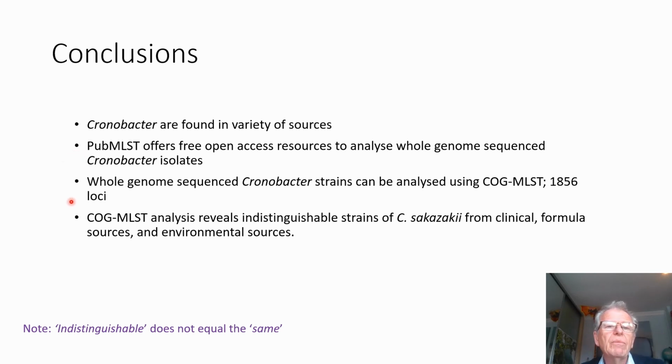And we looked at using COG-MLST, which is almost 2,000 loci, and what we're able to show quite easily using just free software are strains which are indistinguishable or nearly indistinguishable from clinical, formula sources and so-called environmental sources. And just a point at the bottom, indistinguishable does not mean the same. So that's why I talk about the other genotyping methods as well.